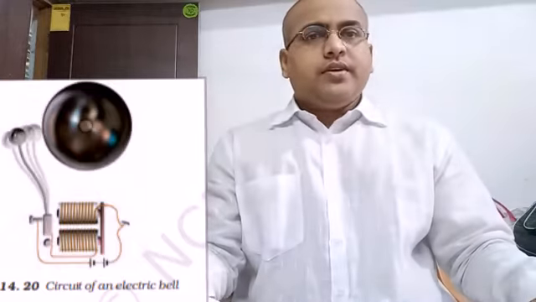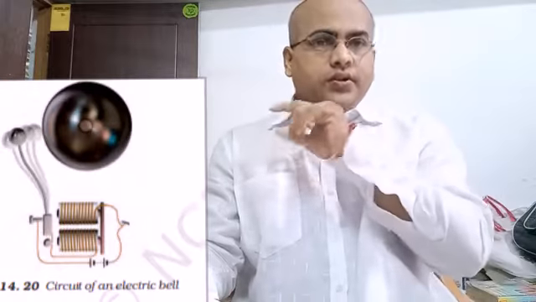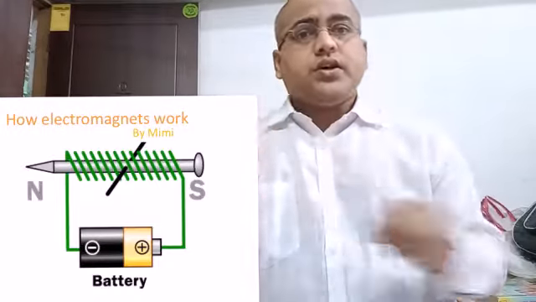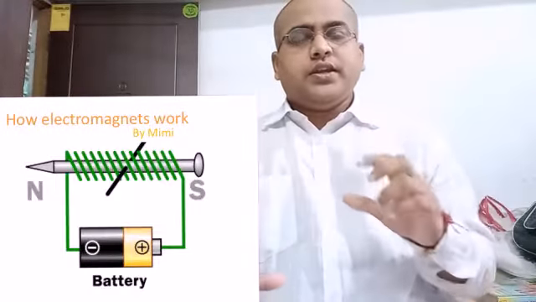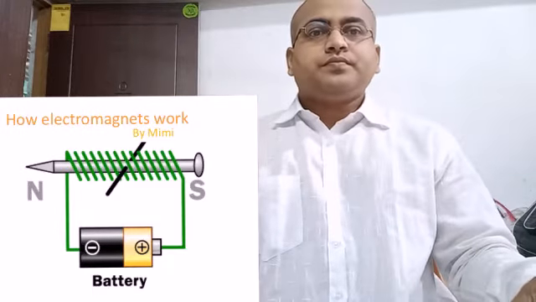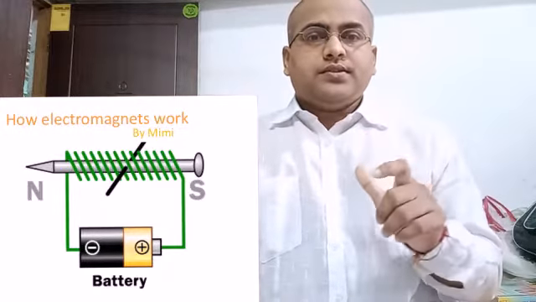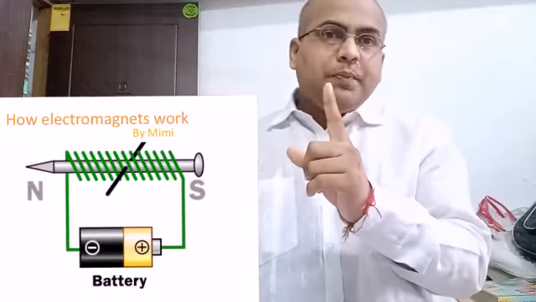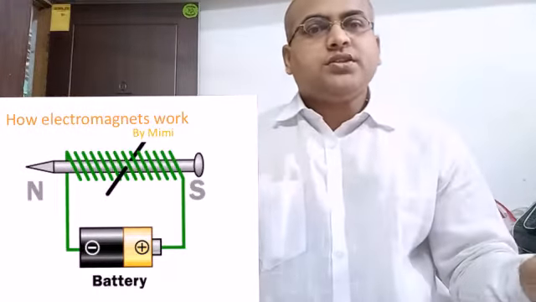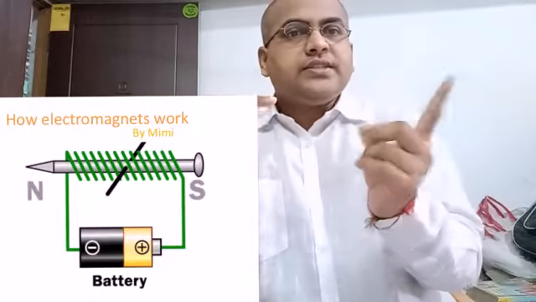Whenever you start the circuit, whenever you allow the current to flow through the circuit, the coil of wire turns into a magnet and the strip is attracted towards the gong and hits the gong.